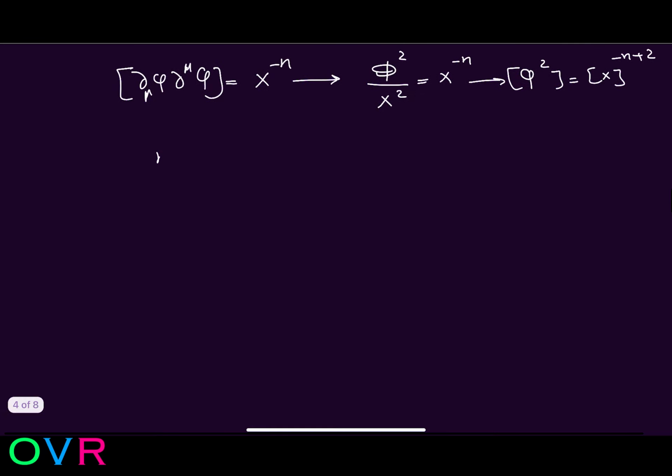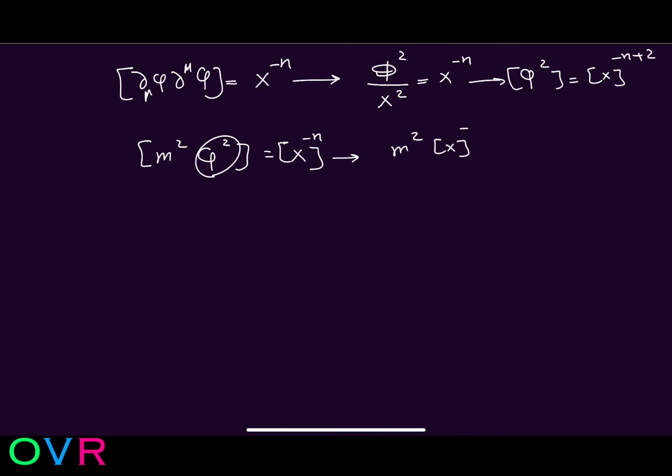And then m squared phi squared has dimension x to the minus n. Using the term here, I put phi squared as x to the minus n plus 2, times m squared, equal to x to the minus n. So then again, I can conclude easily that the dimension of m is x to the minus 1.